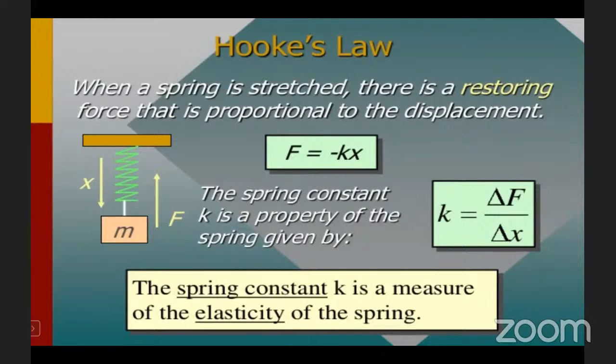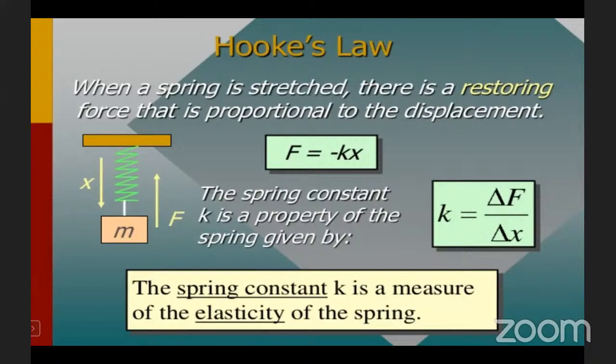In this spring example we will explain Hooke's law. What is Hooke's law? Hooke's law states that stress is proportional to the strain. When a spring is stretched, there is a restoring force that is proportional to the displacement: F equals minus kx.